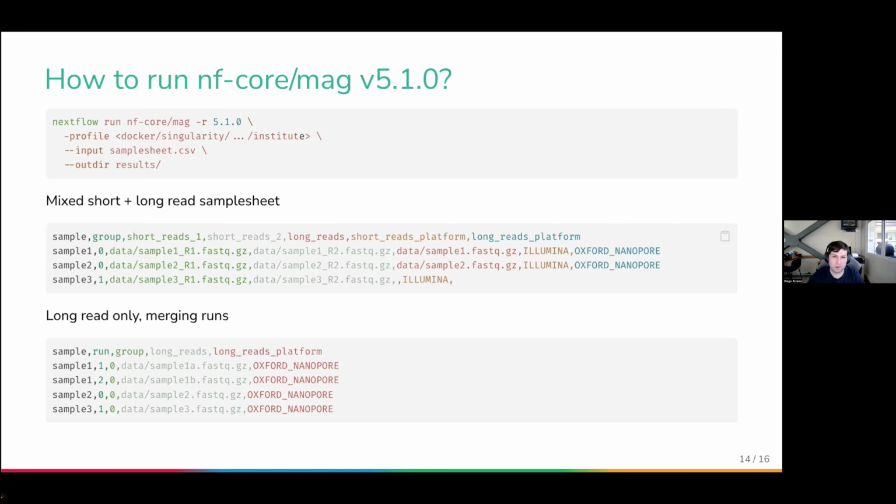Because Oxford Nanopore reads and PacBio reads have different levels of errors. So we can have samples with mixed short plus long reads, like in the first example, where we provide both files for short reads and also a file for long reads.